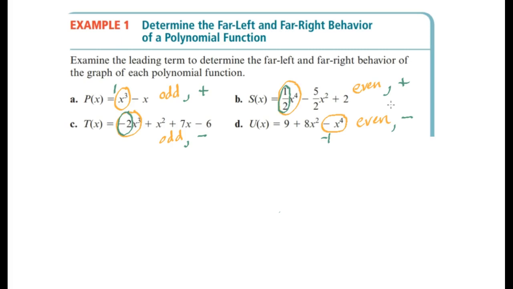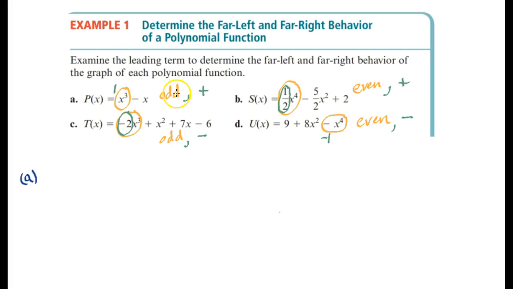Okay, so now let's use this information to find our result. If you look at table 3.2, let's just do A first. For A, we have an odd function, and odd, if you're looking at table 3.2, is the second column. It says n is odd.